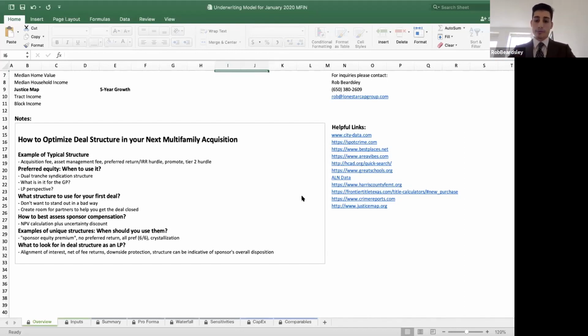However, if you're talking about a preferred equity deal where there's no promote, but let's say you as the sponsor are willing to put up 20% of the equity and your investors will put up 80% of the equity on a preferred return basis. And this is a senior subordinate structure where you are the subordinate equity, your investors are the senior equity, and they're receiving cash flows on a priority basis.